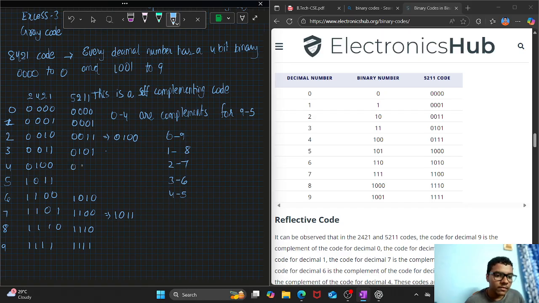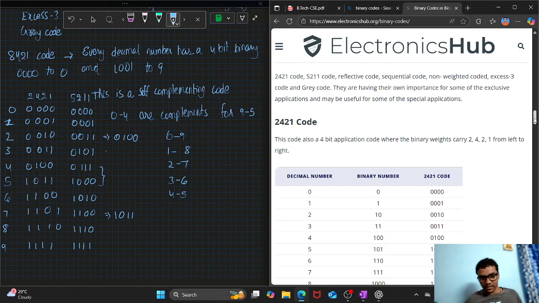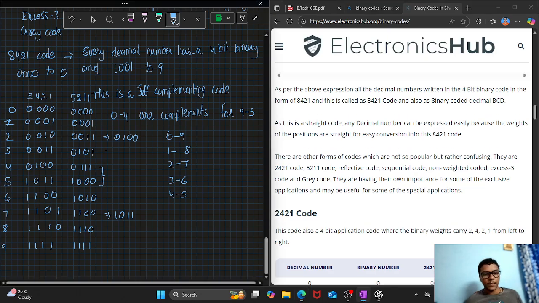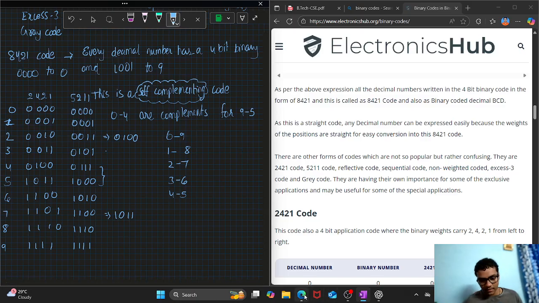And for 4, 0111, right? Because 2 plus 2. And for 5, it will be 1000. Complements. Oh, nice. 8421, 2421, 5211. These codes are nice. So self-complementing. I have heard this term before actually, but I didn't know what that means. But now I understood what it meant.